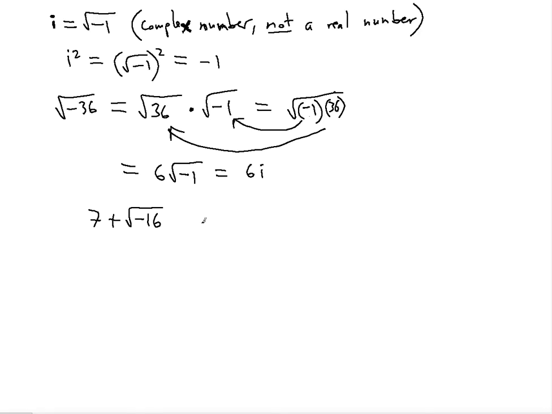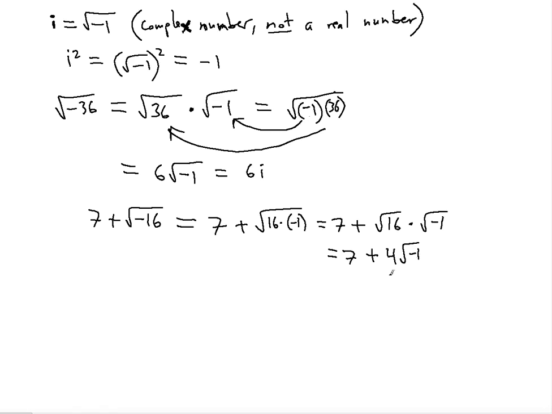Well, you're going to again break up the radical of negative 16 into a product of two radicals. So you're going to have 7 plus radical 16 times radical of -1. And then you're ready to work with the i's: 7 plus 4 times radical of -1, and that gives you 7 plus 4i, right? Because the square root of -1 is i.